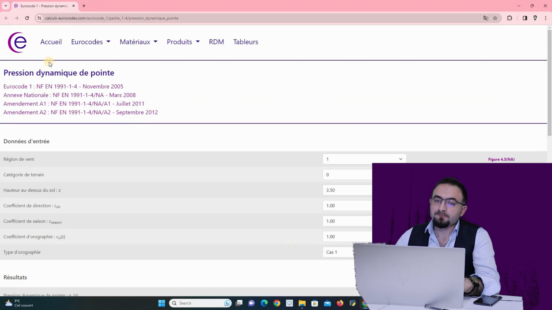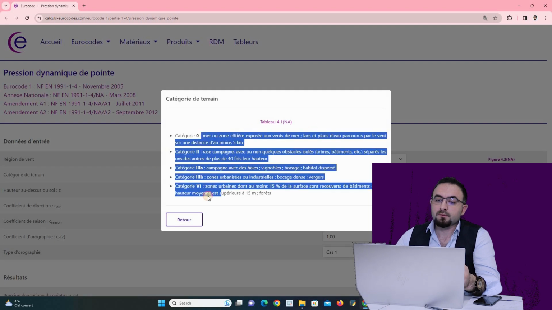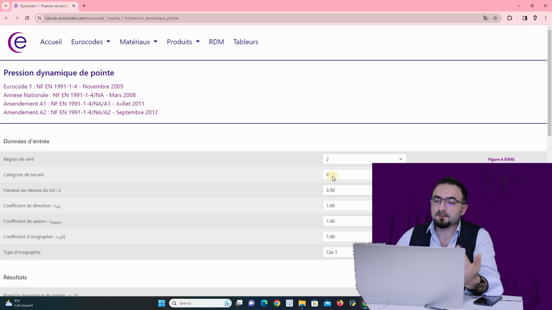There is the site, for example the Eurocode for the wind, so we can determine in which region the building is. We can also determine the category of the zone of the building.